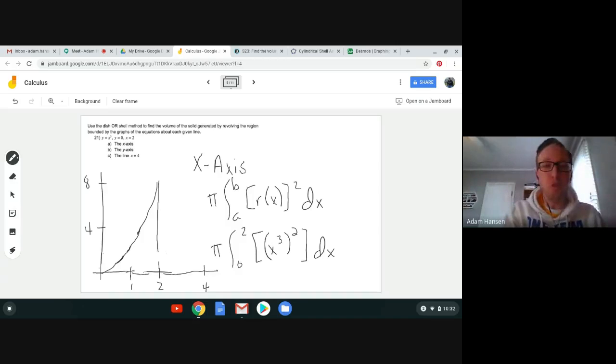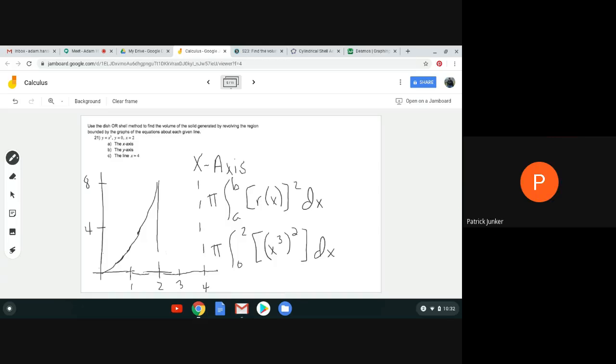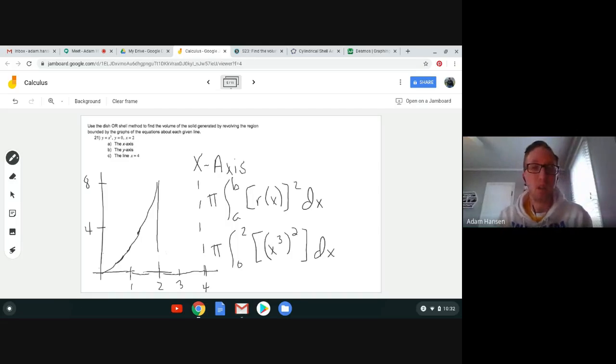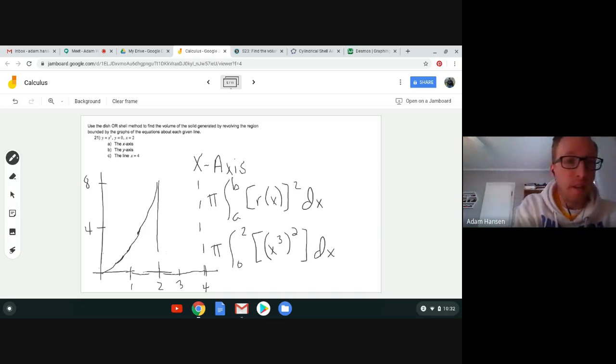If I choose to use washer, would I have to use a y or x definite integral? It would be y. You'd have a much more complicated definite integral. So since I'd like to keep everything as simplified as possible, and we're doing another vertical axis of revolution, let's use shell method one more time.